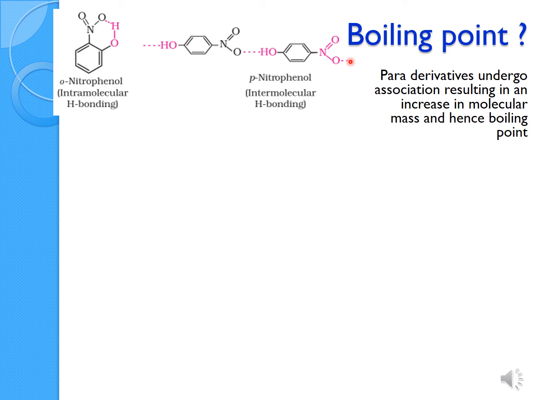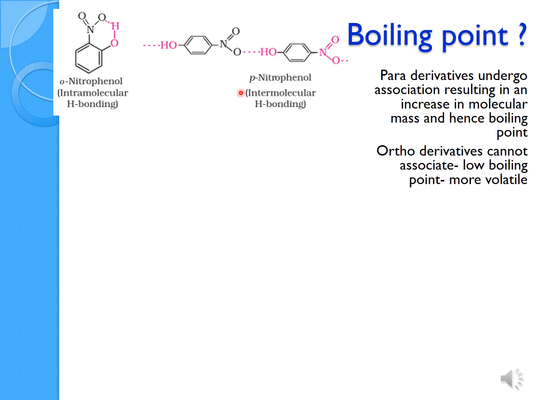So which will have a higher boiling point? Paranitrophenol will have a higher boiling point than orthonitrophenol because orthonitrophenol cannot associate like this. Orthonitrophenol will have a low boiling point, or you can say they are more volatile than paranitrophenol. Means they will be easily evaporated or easily converted to a gaseous state.